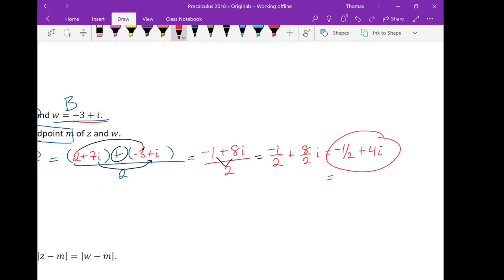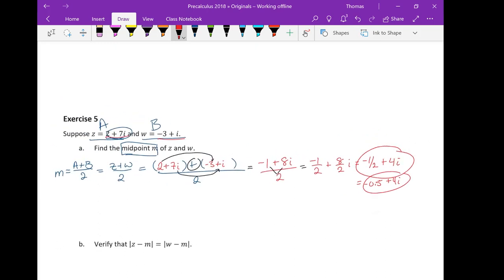And you could write this as a decimal too, negative 0.5 plus 4i. That's fine. Whatever helps you plot it, basically. Now we have the midpoint. Now we could go and plot these numbers and see that indeed m, this number we just found, is right in the middle of z and w. So we wrote down our formula, plugged in our numbers, and simplified.